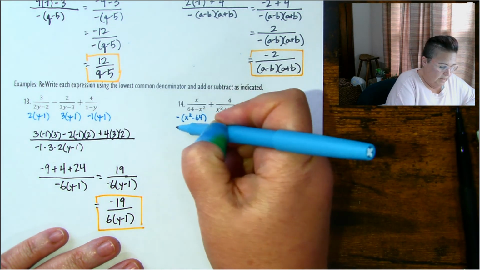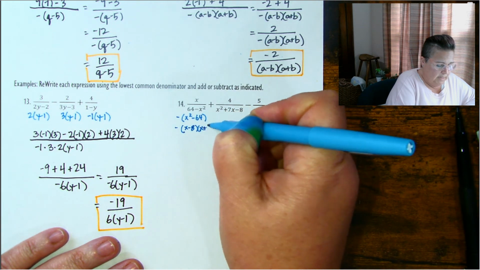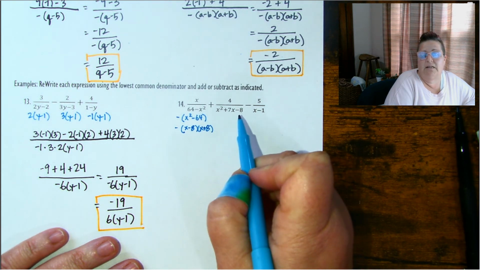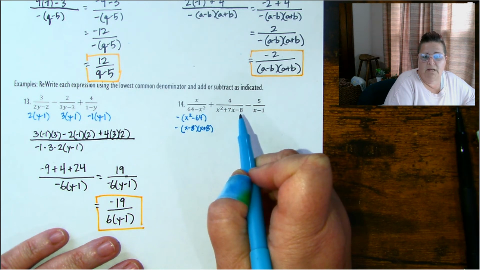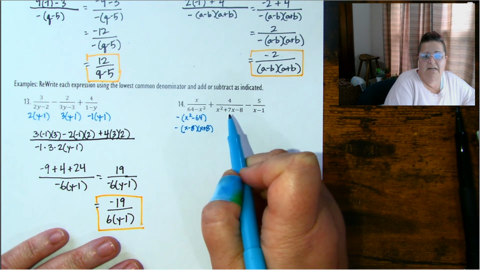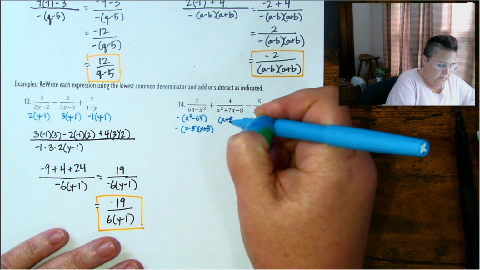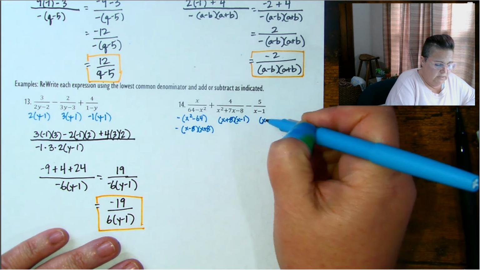So this will be a negative x minus 8, x plus 8. x squared plus 7x minus 1. That's a trinomial as well. It should be factorable. What numbers multiply to give us a negative 8 and added give us a 7? It's going to be an x plus 8 and an x minus 1. And this guy's just an x minus 1.